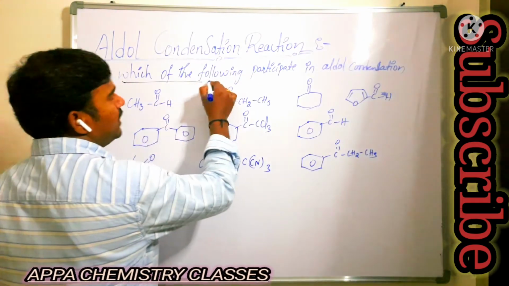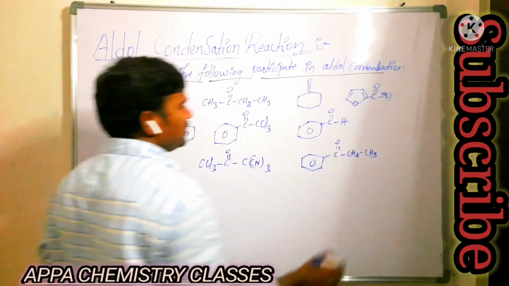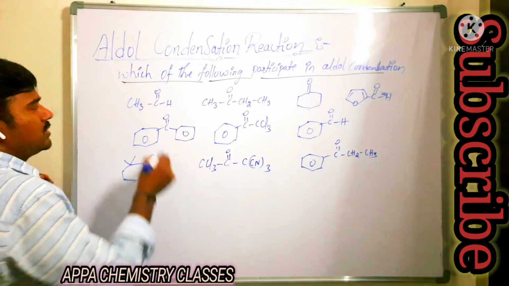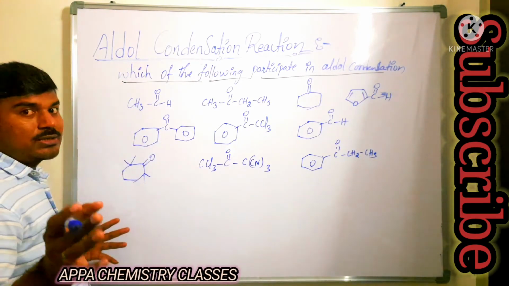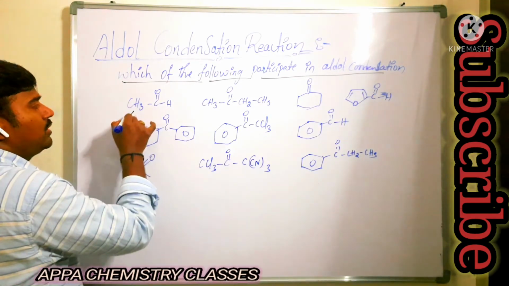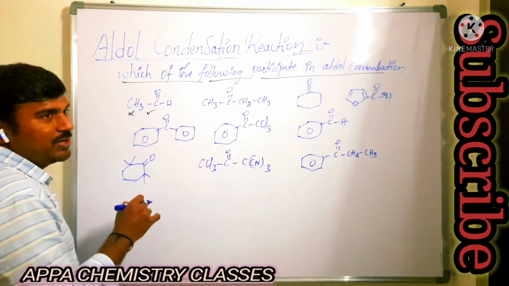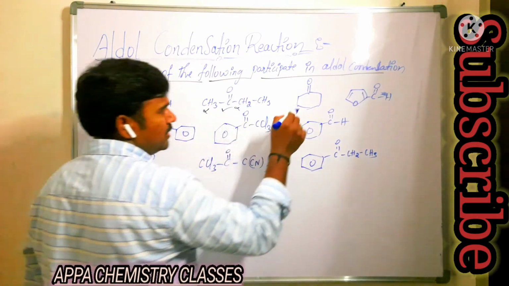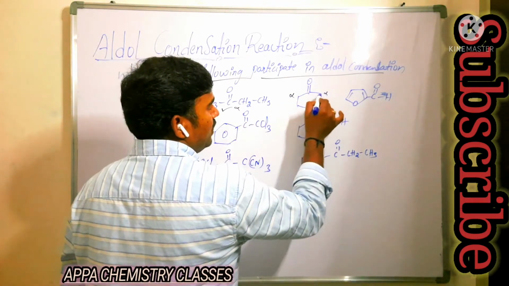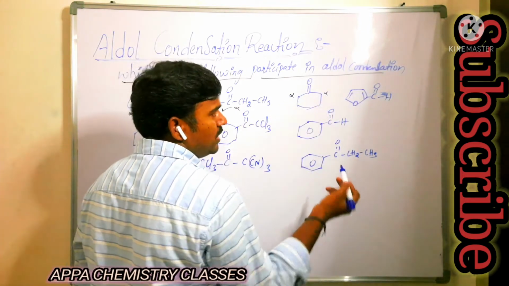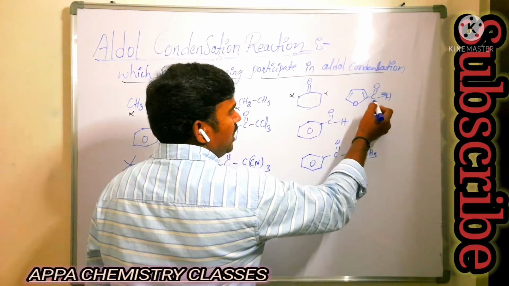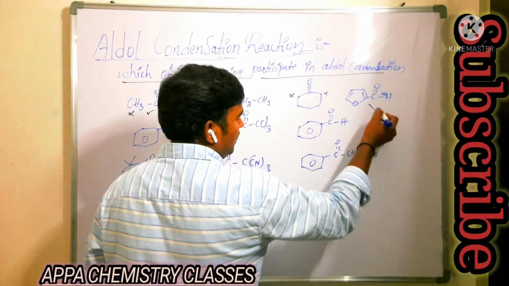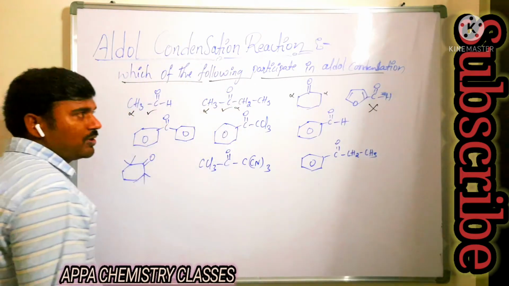Shall we see the next examples? Which of the following compounds participate in aldol condensation? It must have at least one alpha hydrogen. These are alpha carbons, so these 2 contain alpha hydrogens, but the carbon adjacent to the carbonyl carbon which does not have an alpha hydrogen does not participate.